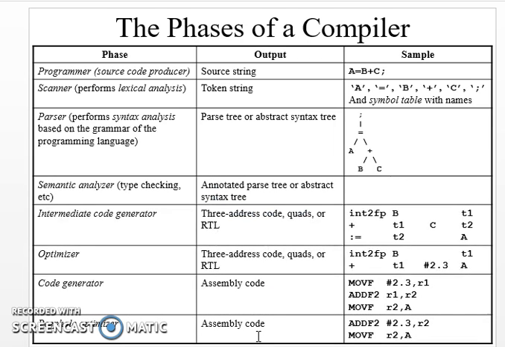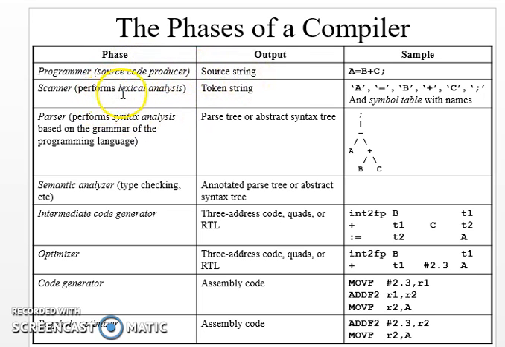These are the main phases of a compiler: scanner, parser, semantic analysis, intermediate code generation, optimizer, code generator, and then peephole optimizer. And this is the programmer, who writes the source code.